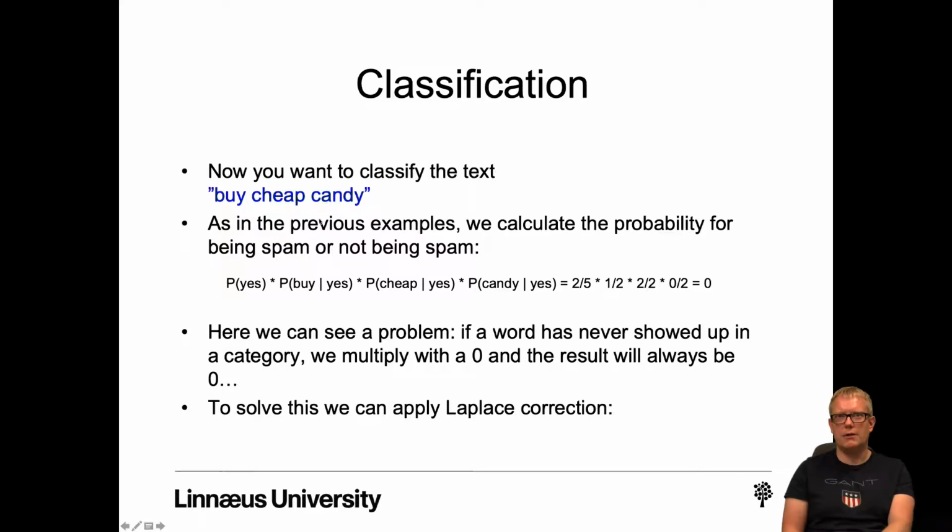So probability of being yes multiplied by the probability of all the words in the message being yes. And we fill in the values, and we see that here we have a problem. We have a multiplication by 0 divided by 2. So regardless of what these actual other probabilities are, the result would always be 0.